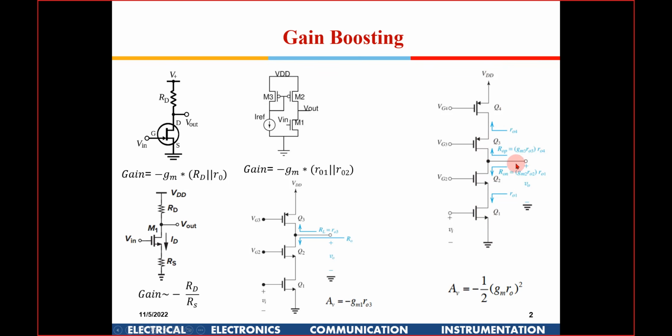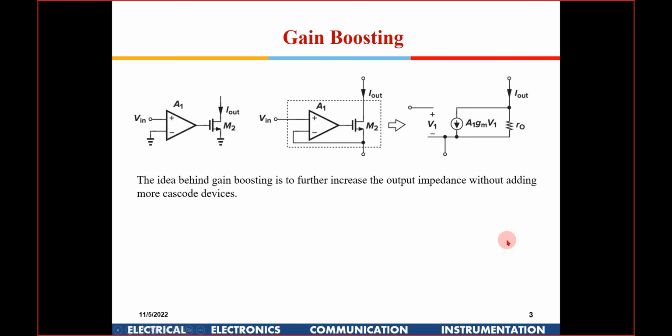Your max swing available will be limited, and your input common mode range will also get restricted. So instead of that, we can do these kind of arrangements. You have an op amp, and then you put an NMOS here. The resistance as seen from the top gets enhanced a lot.